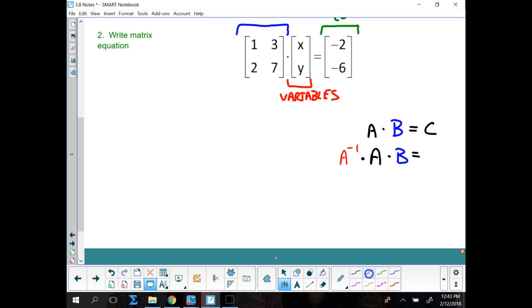So I have to multiply on the left, which means on the other side of the equation, I've got to multiply by the inverse of A. Where? On the left. So over here, I have to multiply by the inverse of A times C, because order matters when I'm multiplying matrices.